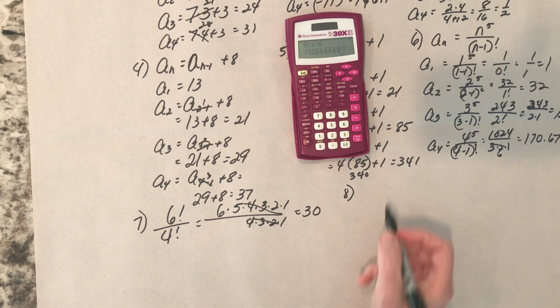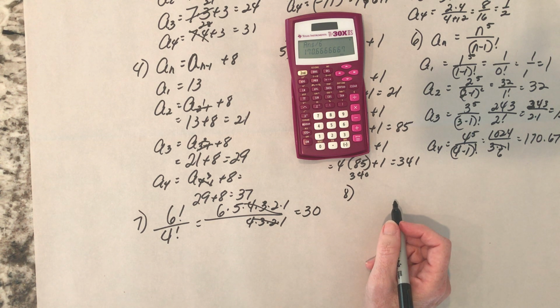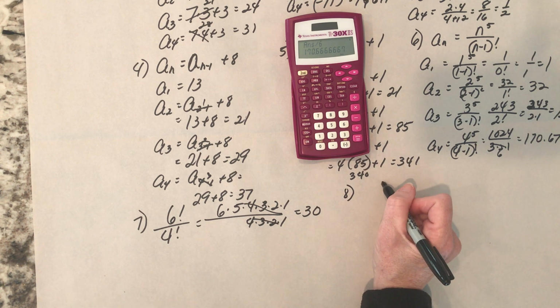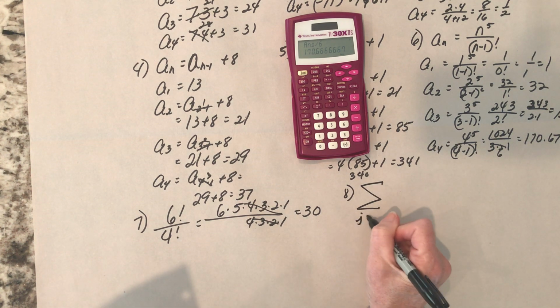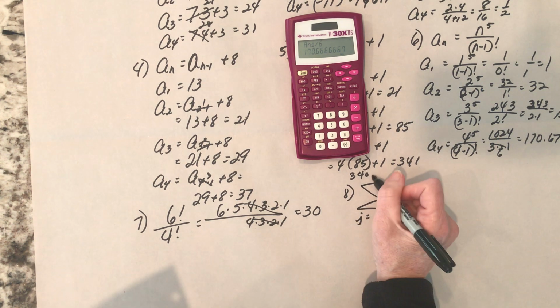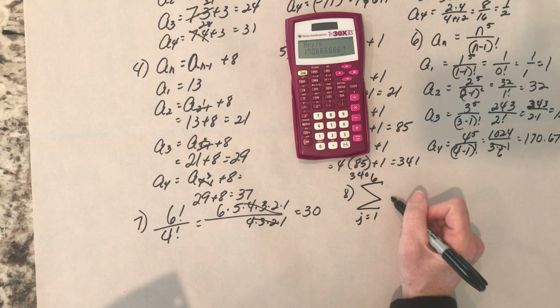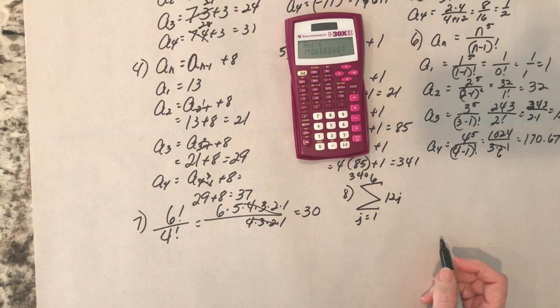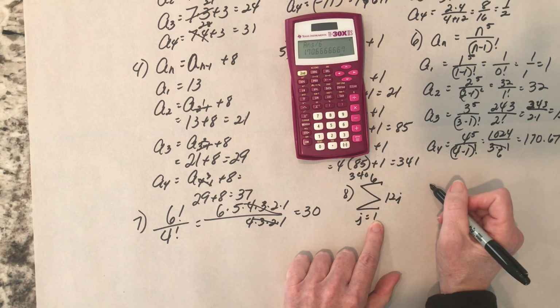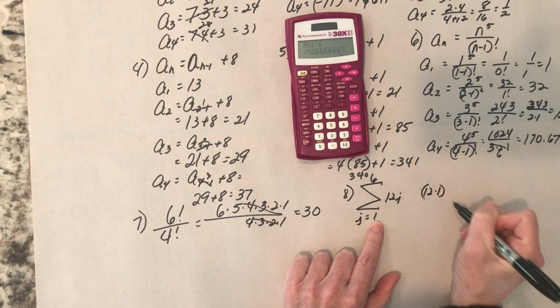Number 8 is writing out the summation. Evaluate these summations. So we're going to have to add them up. So let's look at what we've got here. Initial is 1. Upper limit is 6. And we're doing 12 times j for each one. So the first term, when j equals 1, we're going to do 12 times 1.